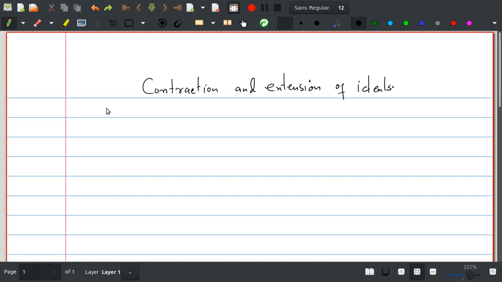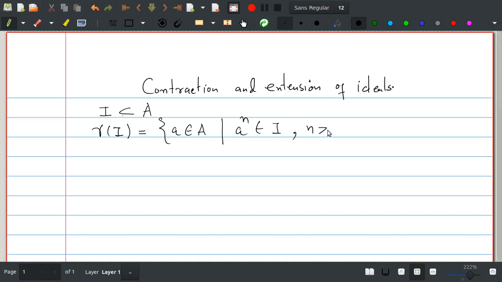So suppose I is any ideal of a ring A, then by radical of I, denoted by r(I), is actually all elements a in A such that a to the power n is in I for some positive integer n, where n is bigger or equal to 1 and belongs to the ring of integers.